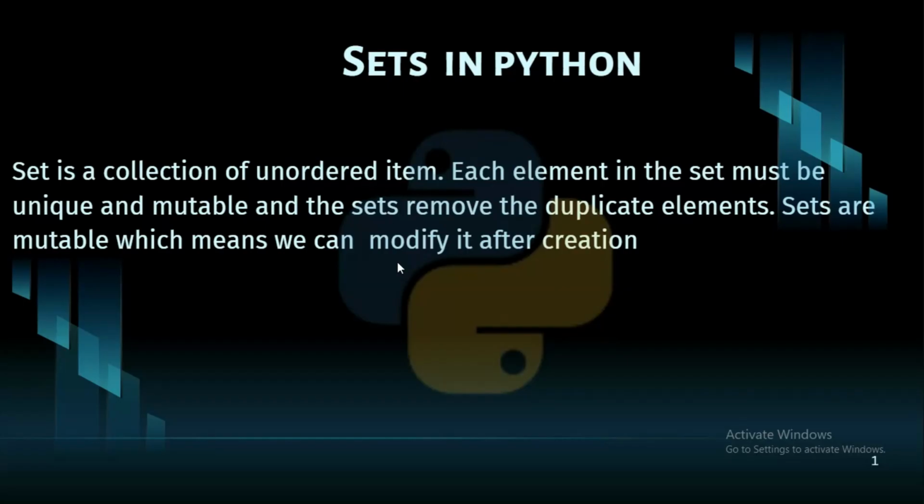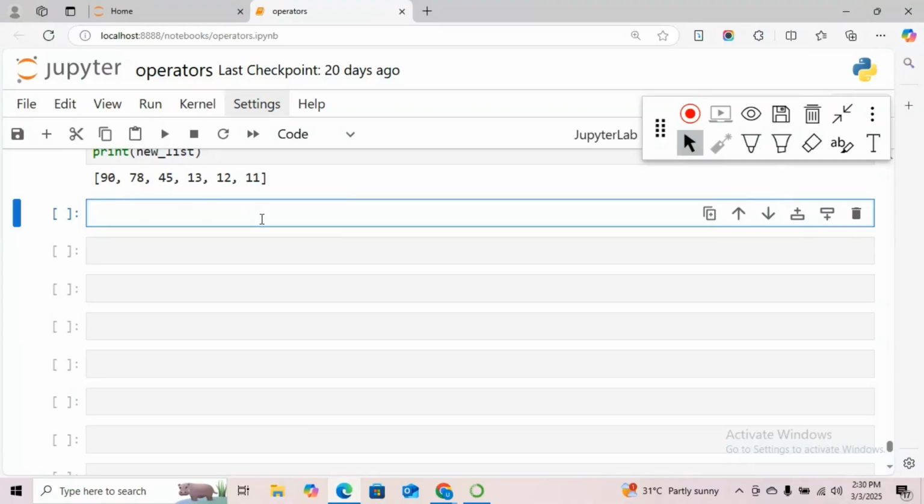All right, so let me just show you how you can create a set here. Okay, a simple set in the Jupyter notebook. So here we are creating an empty set. Hashtag creating an empty set.